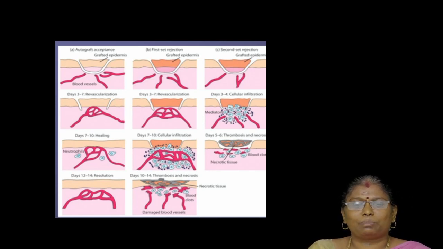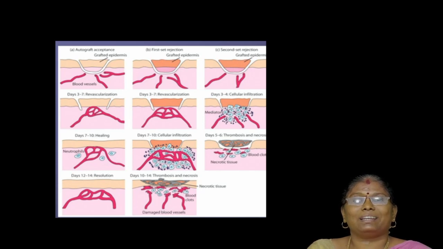Autograft acceptance occurs within 7 to 14 days. The best example for autograft acceptance is skin graft. Under the skin graft, on day 3 to 7 the revascularization process is carried out, after the 7th day the healing process is carried out, and after 12 to 14 days the resolution of the skin is carried out. So, normal skin is accepted after 14 days.